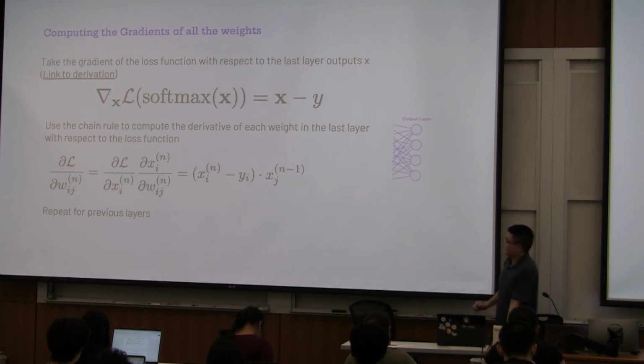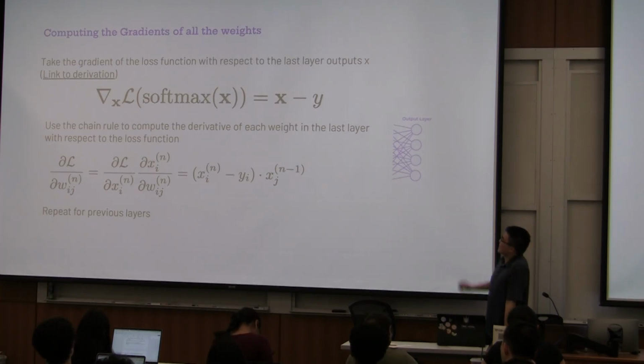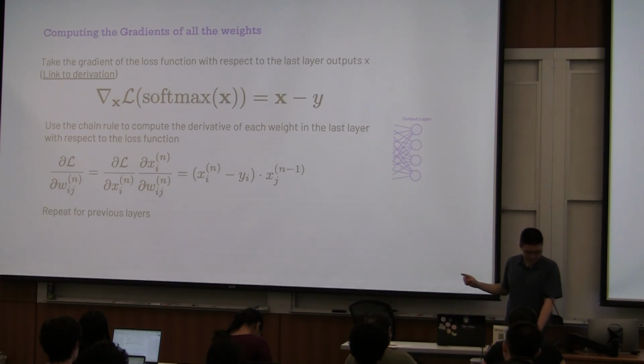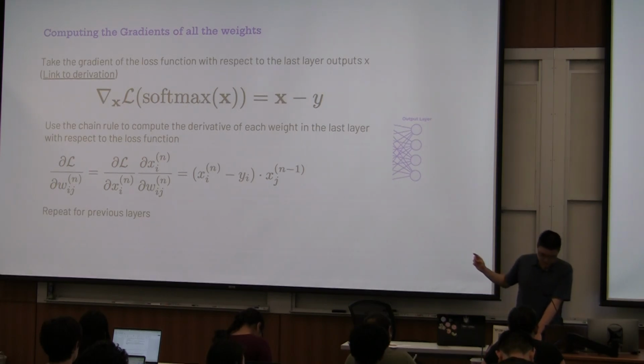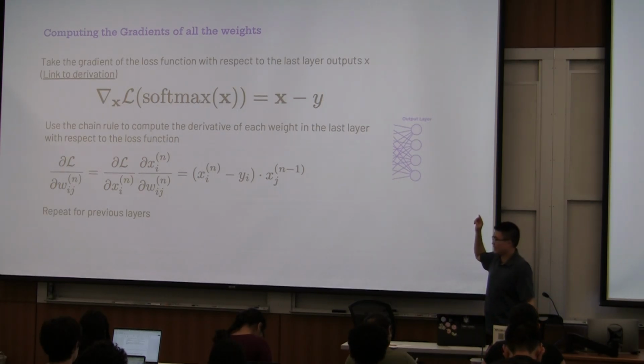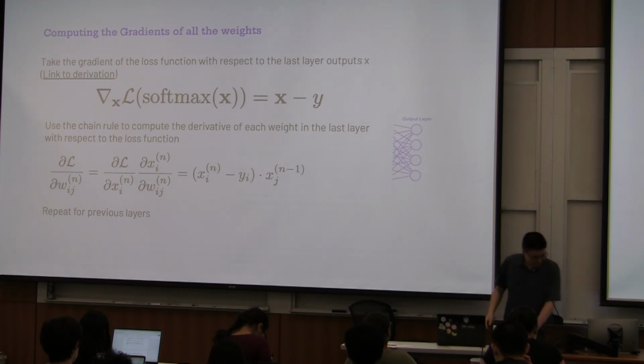The gradient of that turns out to be just the predicted minus the true value. It's a very simple output, but the derivation is kind of long, but I do have a link to it. So that's the gradient of the loss with respect to our neural network outputs before softmax.